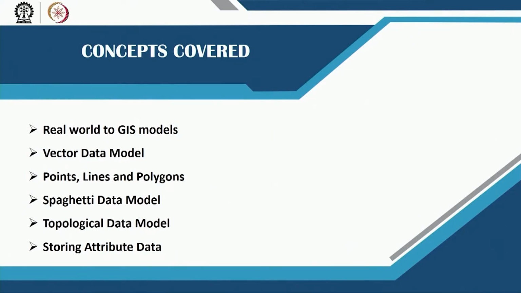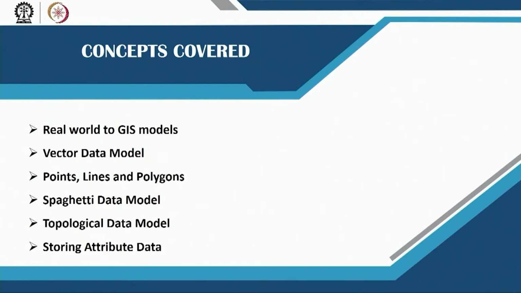To represent continuous or discrete data, we have fields and objects. Fields normally represent continuous data and objects represent discrete data. The first kind of data model representation you can find is the vector data model.